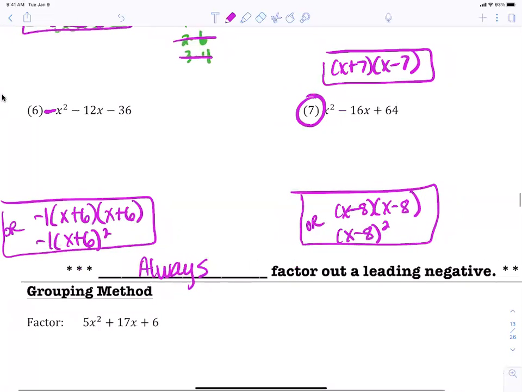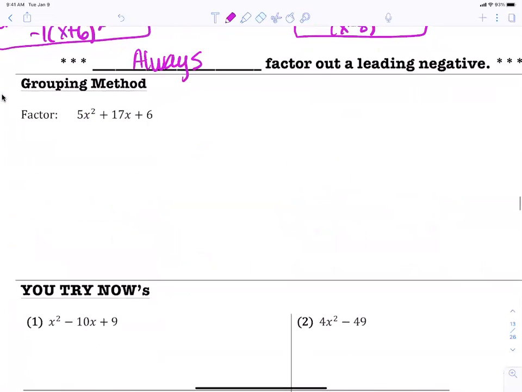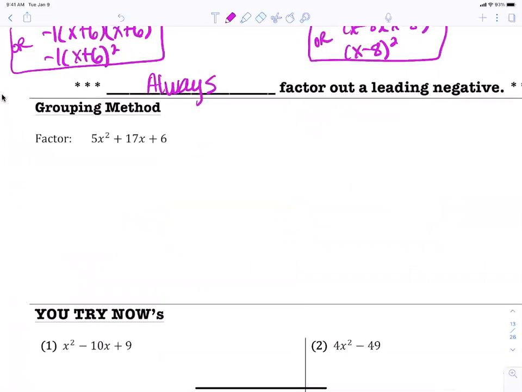So as a hint on number 6, GCF wise, there is no number that goes into 1, 12, and 36, but because there is a negative in front, that means a negative 1 is what we have to divide out, okay?